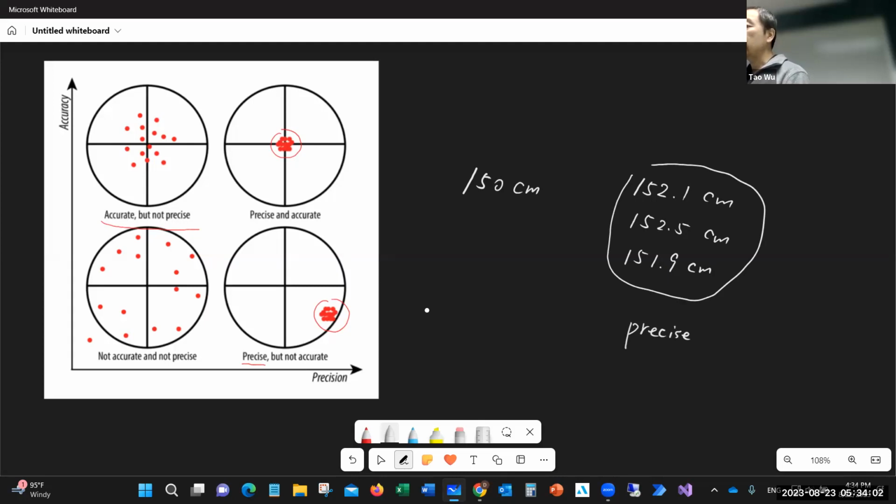But if you compare this data to this data, then it's not accurate. You see, this is the target, which is the data we already have from the industry, and this is the set of data that the people measured. This set of data is not matching the target data. So that's why this is not accurate.